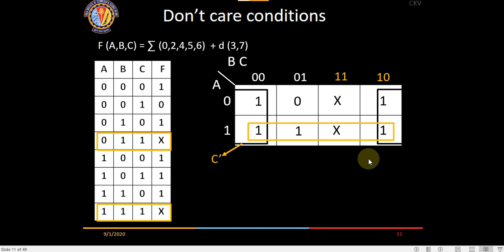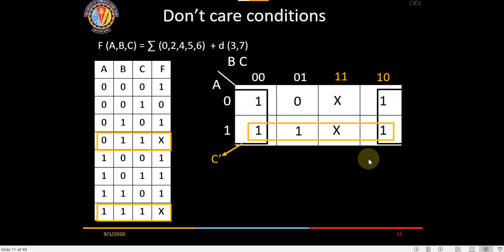You don't have to include don't care. Don't care you can use to your advantage, but there is no necessity to include all don't cares. You may want to use it, you may not use it. Sir, the two don't cares need not be the same, right, sir? No, they need not be the same.